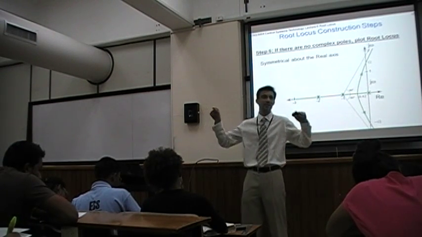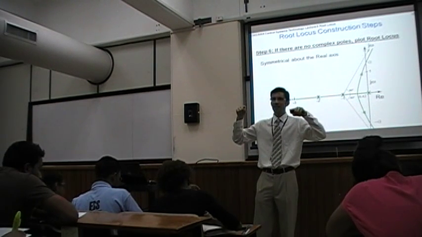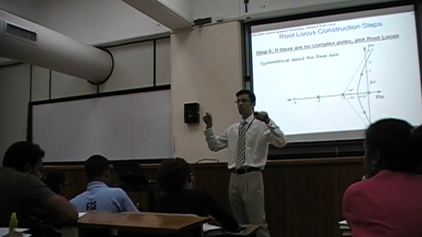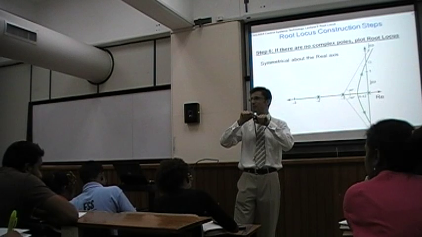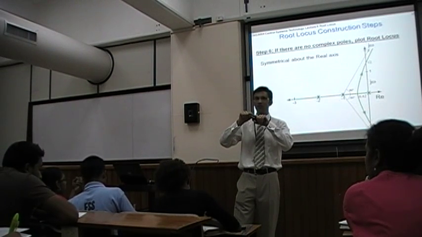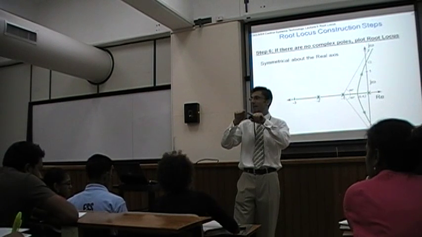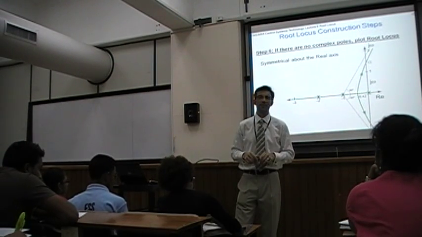Remember, k will start at 0 at your poles. As k increases, you'll be moving along. If we have poles on the real axis, we'll move along the real axis to a certain point at which the closed loop roots will start to diverge from the real axis. There will be a value of k that will cause that to occur. What does that value of k represent?